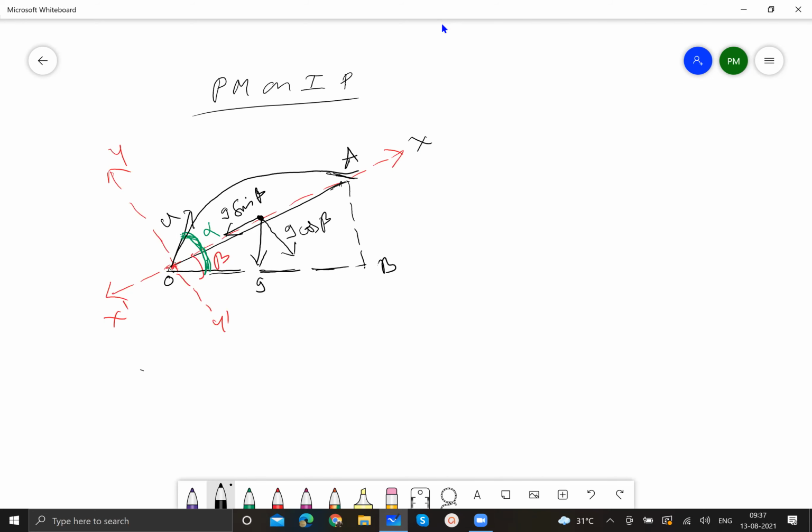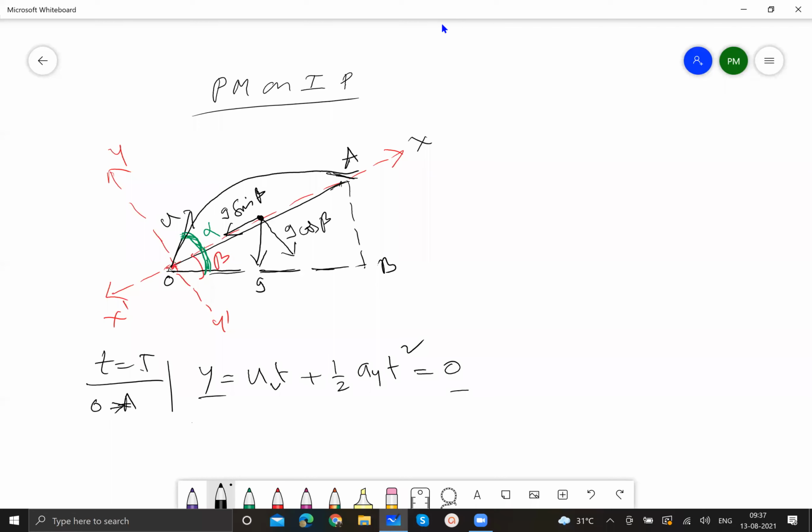So in the time of flight during which it moves from O to A, we have the equation for vertical displacement y as u_y t plus half a_y t square, and because initially it is at O, finally it is at A, the net vertical displacement is 0.